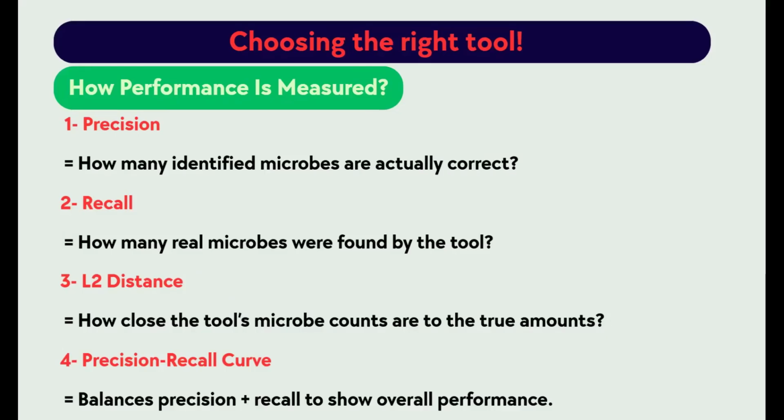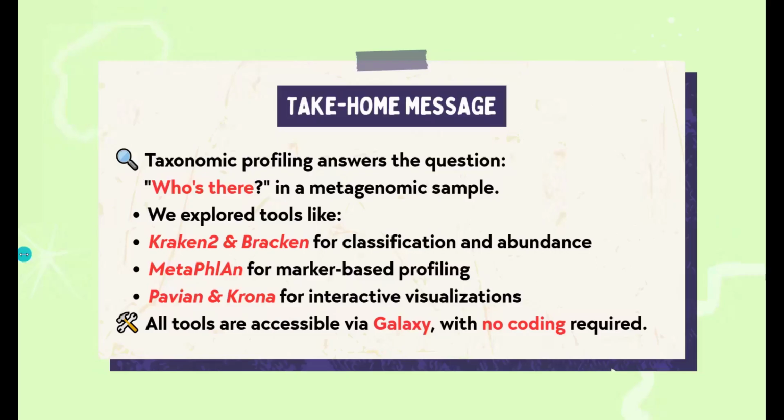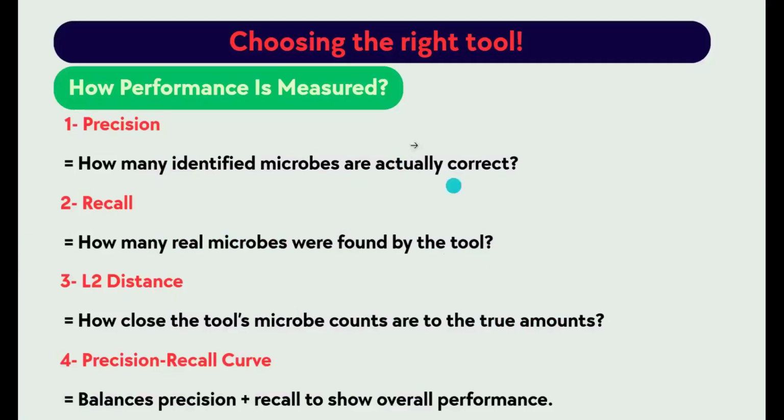They checked how many correct microbes each tool found, how many it missed, and if it got the amounts right. And that's how they figured out which tool works best. That's it regarding choosing the right tool part. We can move to our tutorial to finalize this video.